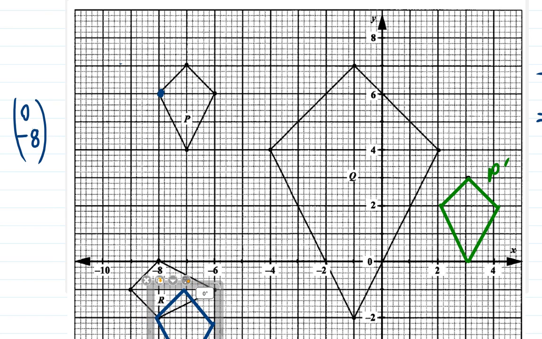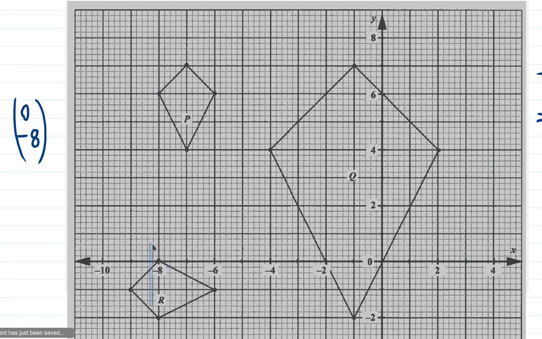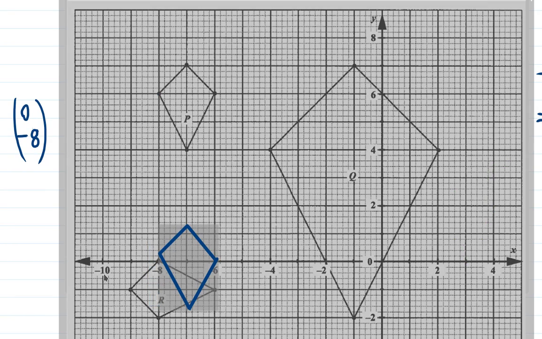So it would slide down. How would you slide it down? 1, 2, 3, 4, 5, 6, 7, 8, right? And then after that you rotate the point.